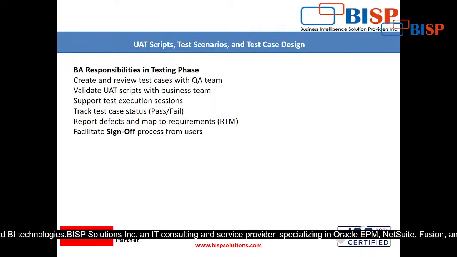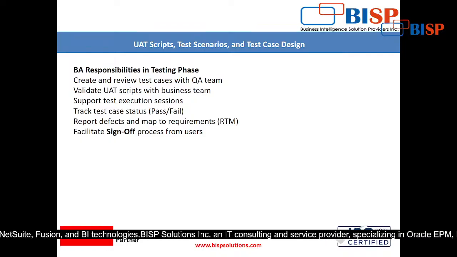Test. Okay. Now the BA responsibility in testing phase. What is the BA responsibility in testing phase? The BA responsibility is to create and review test cases with the QA team, right? First the test cases and unit testing are everything done with the QA team.